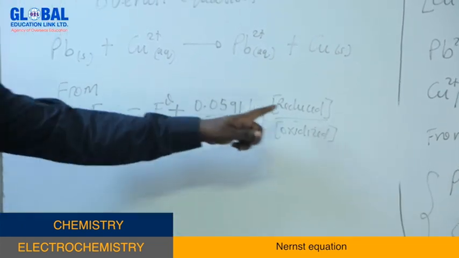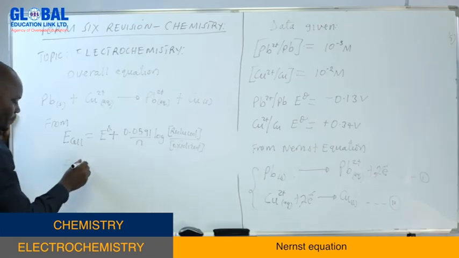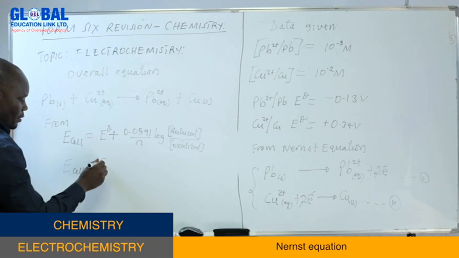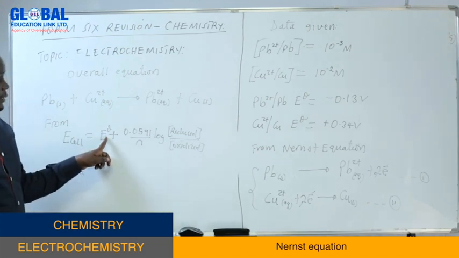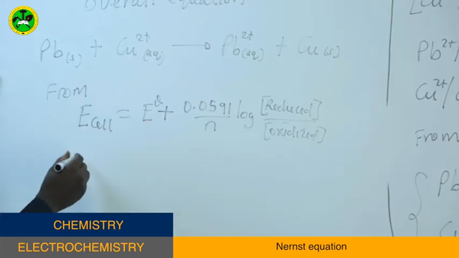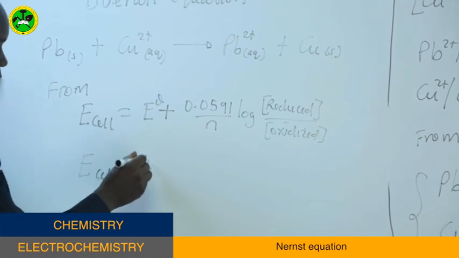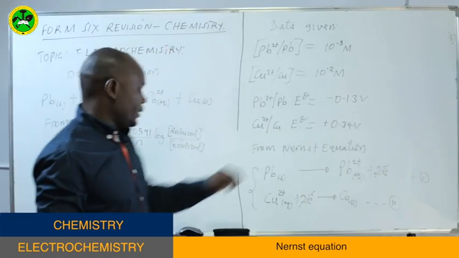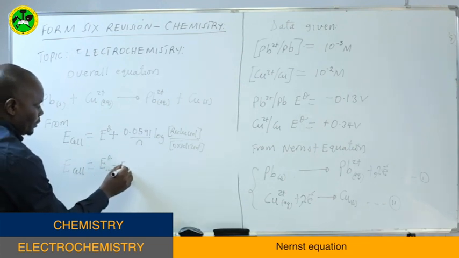But the EMF of a cell, we said that we just get by taking E of cathode minus E of anode. And here it will be E of copper minus E of lead, which is the standard electrode potential of copper minus the standard electrode potential of lead.